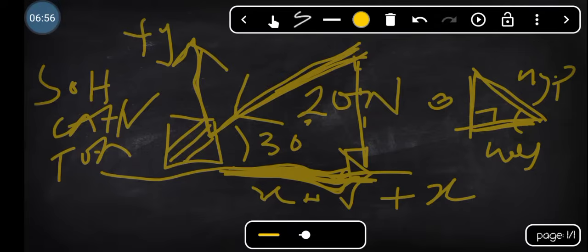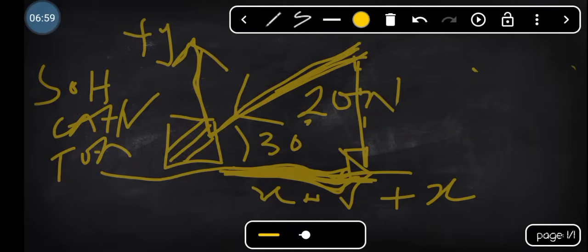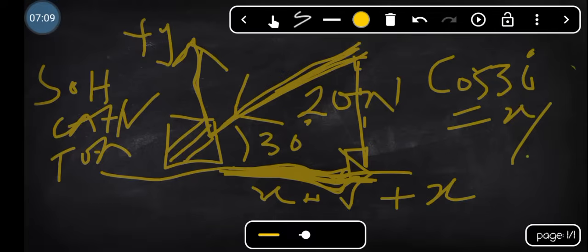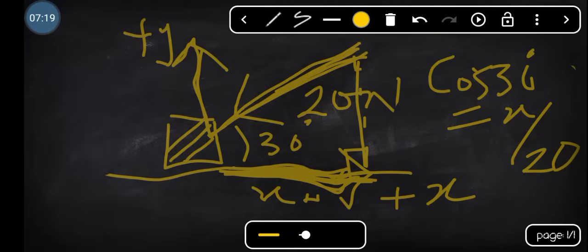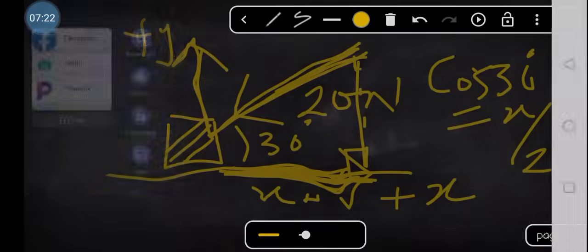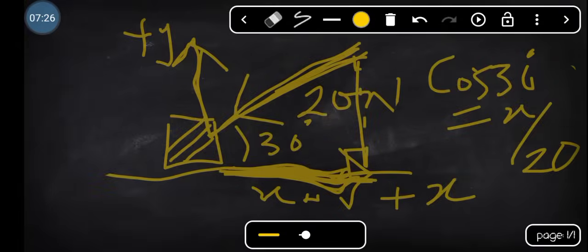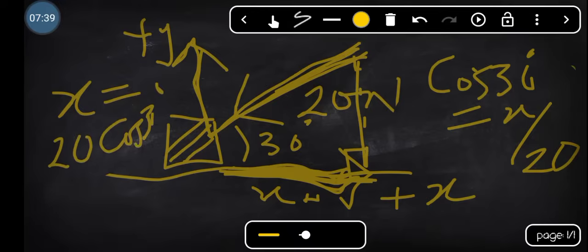So cos 30 is equal to x over 20. When you cross multiply, x is equal to 20 cos 30 degrees.